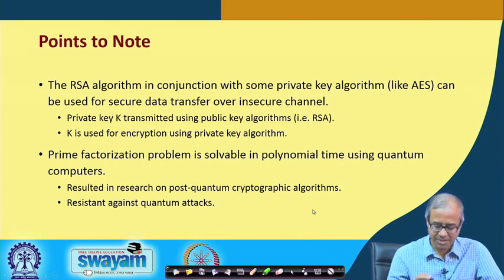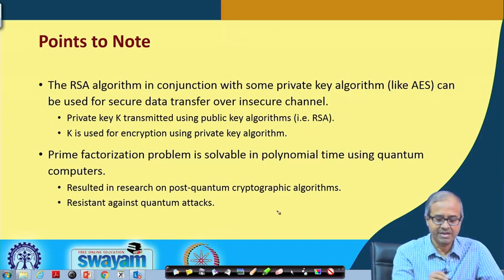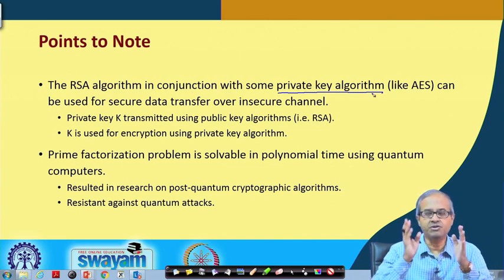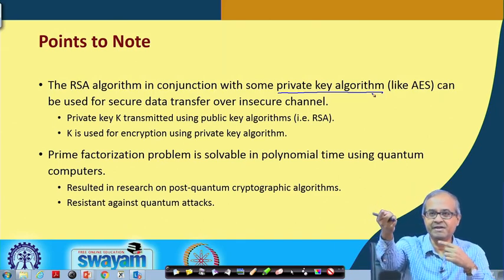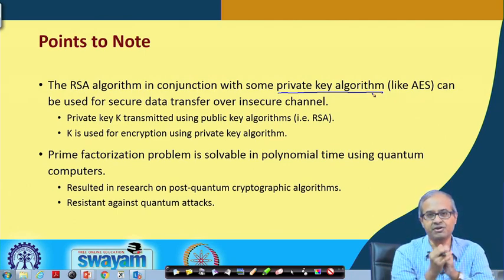Now, there are 2 points I want to highlight here. RSA algorithm can be used in conjunction with some private key algorithms, because you see RSA algorithm is good over the internet, because you can take the public key of the other party wherever he is, encrypt and send it to that person, who can decrypt it using his or her own private key.